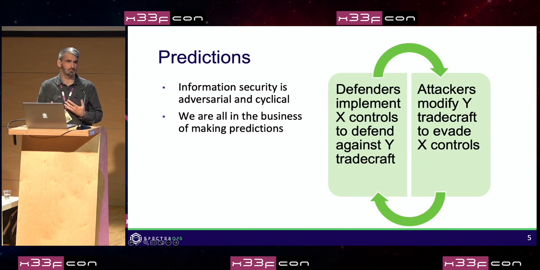And this feedback loop continues indefinitely, I guess, until we decide to go back to pen and paper. But there is a cyclical innovation cycle that happens in information security, where we really only progress by way of trying to respond to something we believe is true about what the other side is doing.